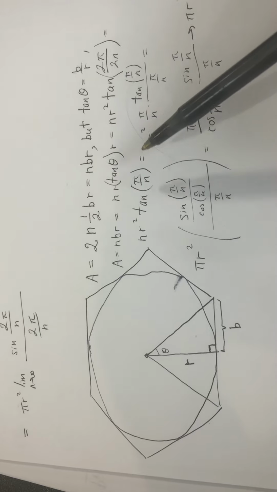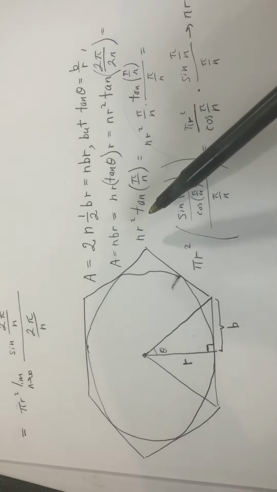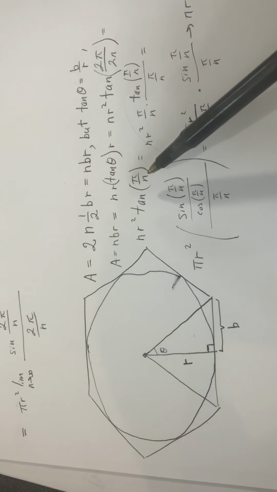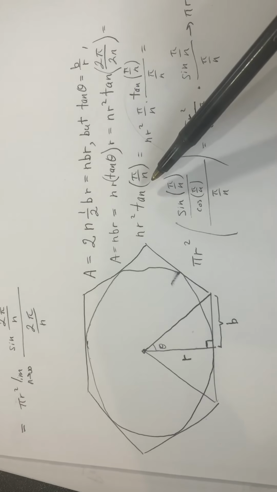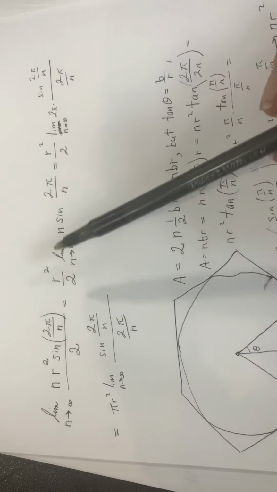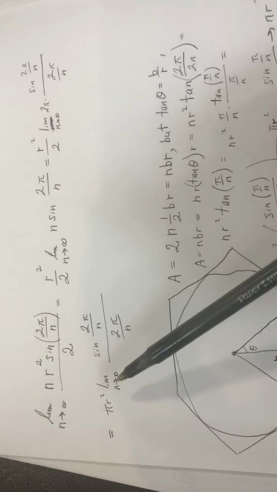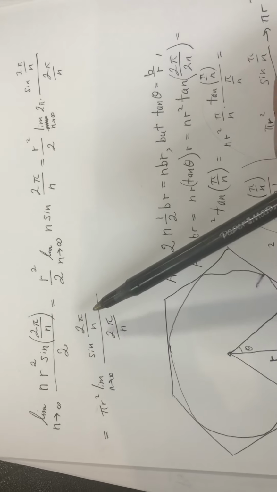Now, to motivate the step from here to here, I thought back to my first proof, because I was wondering what I can do with this. Tangent of pi over n is going to 0, and n is going to infinity. That's undetermined: infinity times 0, I don't know what that is. But notice the trick I used with sine theta: the limit as theta approaches 0 of sine theta over theta is 1.